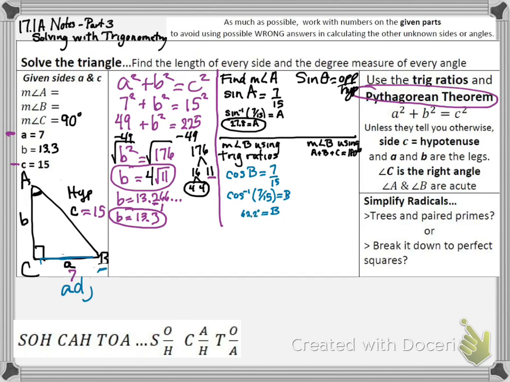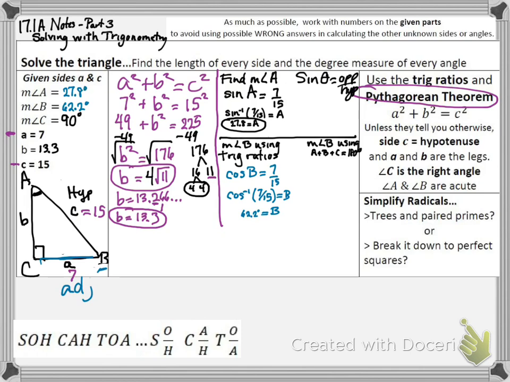Okay, let me go put some of these things over in the answer space. I just got angle B, 62.2 degrees. I got angle A is 27.8 degrees.